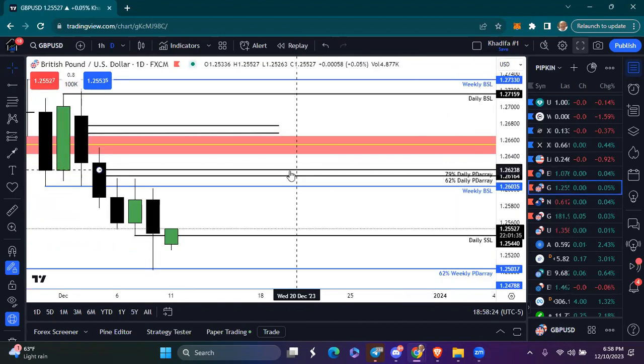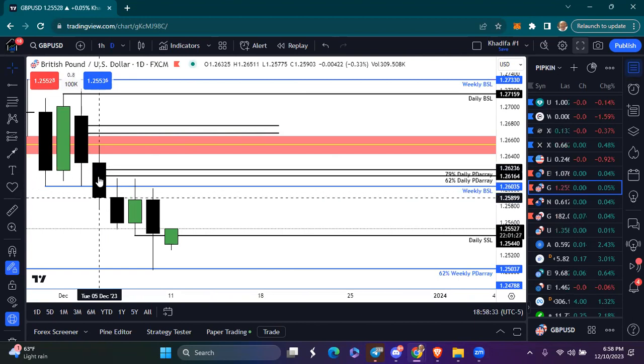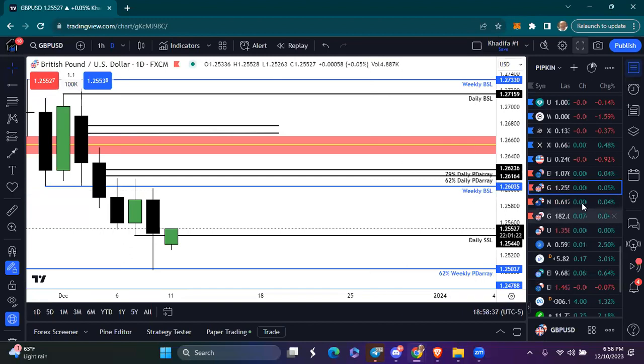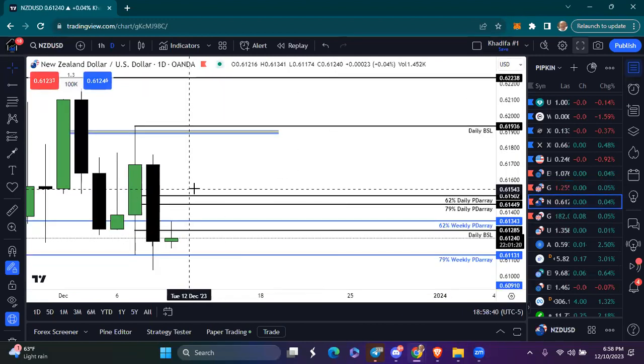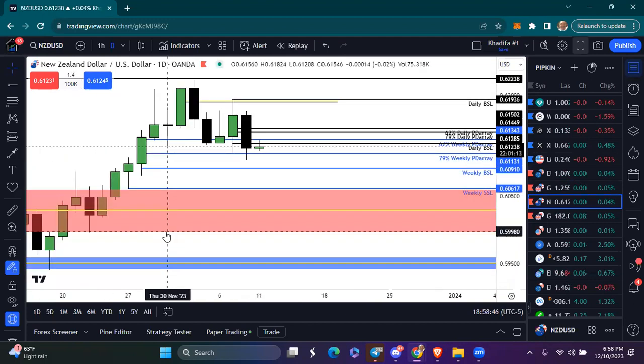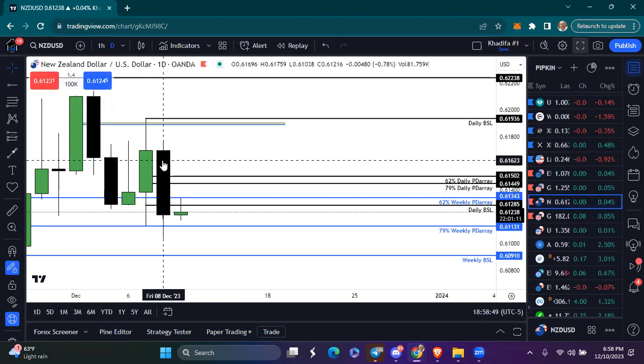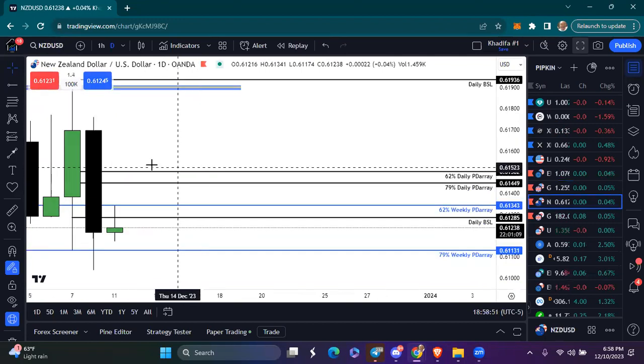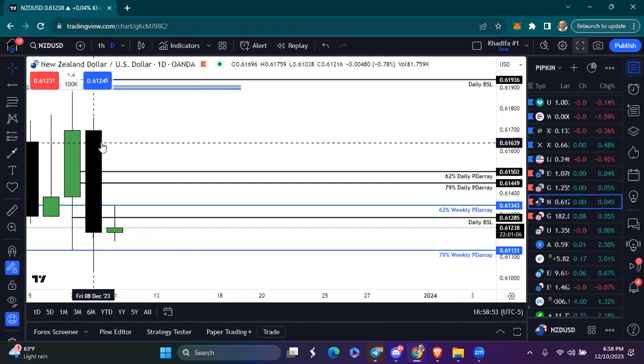Same thing across the board with currencies. I want to see the pound reach up into December the 5th premium price range, right? That's what I'm expecting out of the pound. And NZD USD, same thing. I would like to see us push up into the premium level of Friday's price range, right?